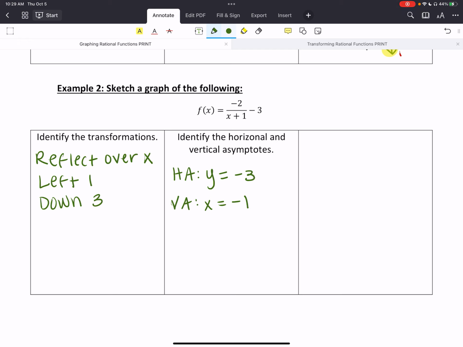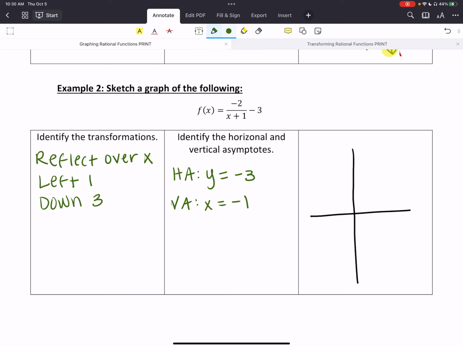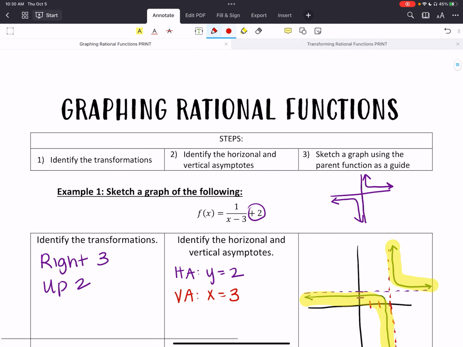Okay, so when we graph this, I'm going to first sketch my asymptotes. So I'm going to say y equals -3, and I'm going to draw a horizontal line. Then I'm going to say x equals -1, draw a vertical dotted line. And then this one reflects. So what we're going to do is first, when we reflect, we're going to flip it.